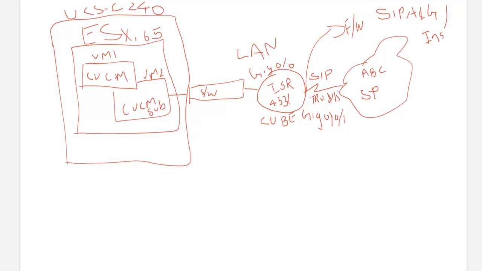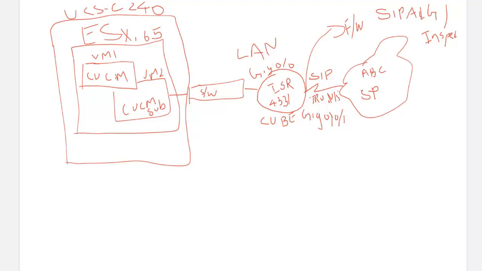SIP inspection should be turned off, and the SIP ALG should be disabled. Okay, so if you do not disable SIP ALG, what happens is the natting is done two times.